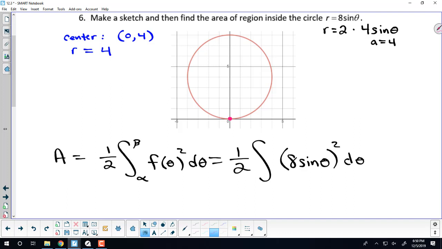So at that point r equals 0, we can ask: when does 8 sine theta equal 0? In other words, when does this figure intersect the pole? And that happens at 0, at pi, at 2 pi, and so forth.